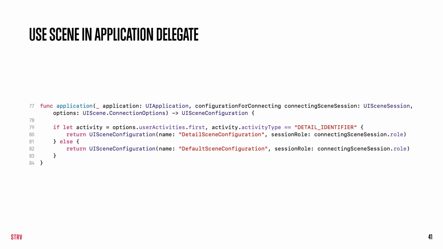So in the configurationForConnecting method, we need to return the new configuration. Based on the connection options, we can decide which scene we want to create. Again, there are user activities in those options. So based on the user activities, we can decide whether we want to create the detail scene or the default scene.